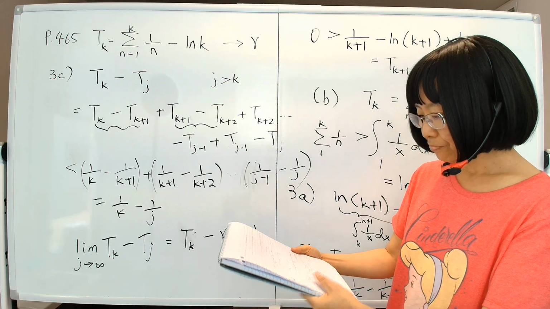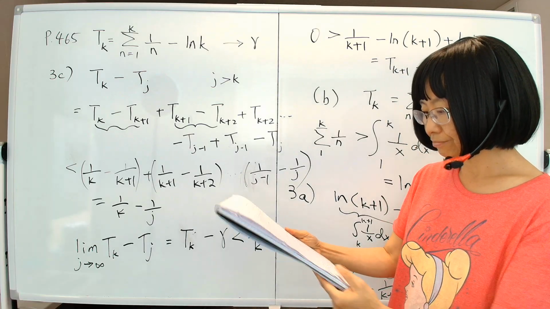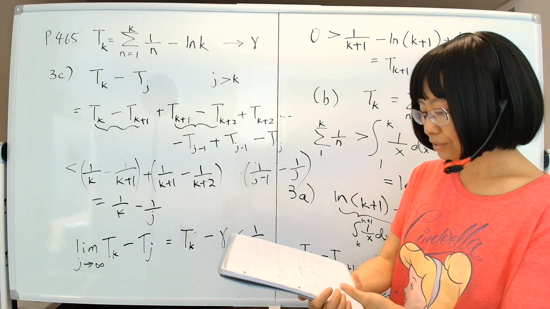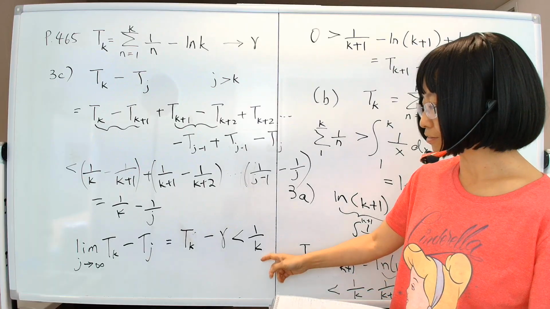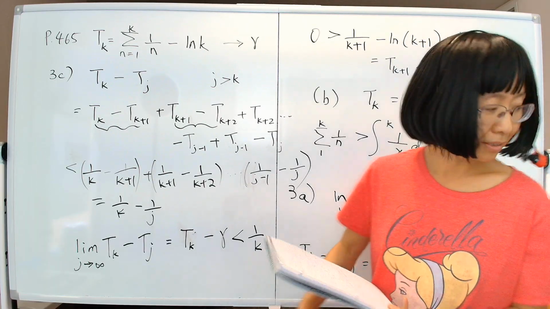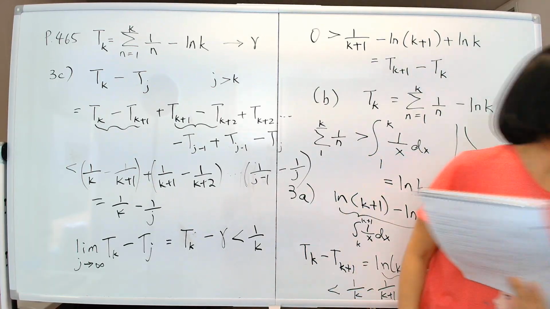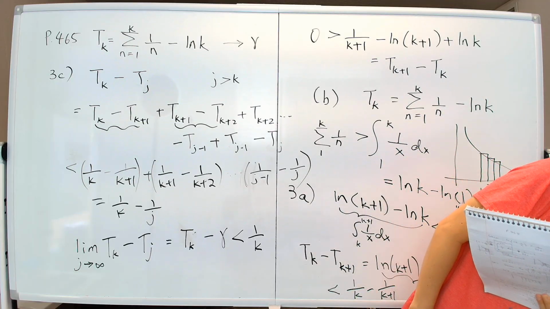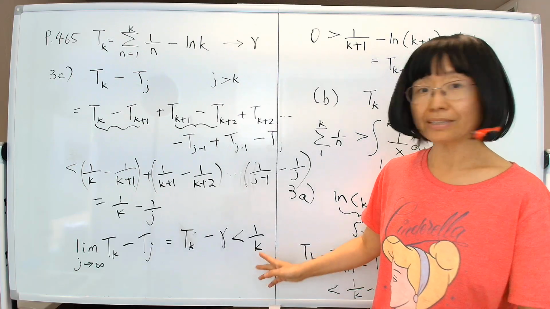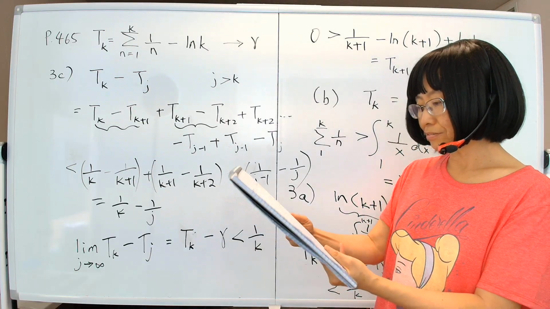What is tk? Well, for example, your book wants you to calculate it within, what did they say? 0.0001, that is within 1,000th, right? So we're going to do that.